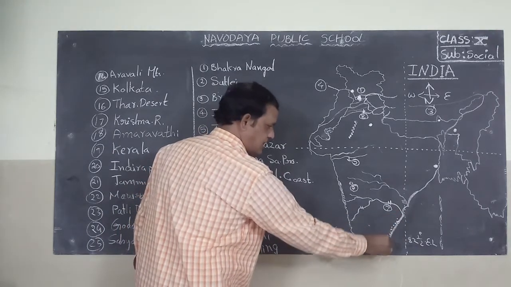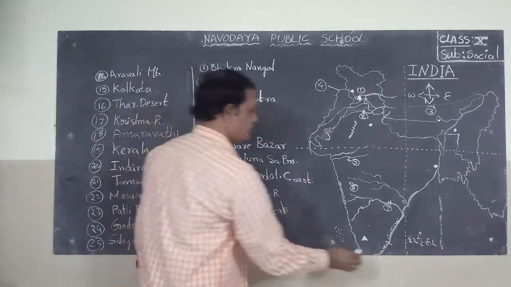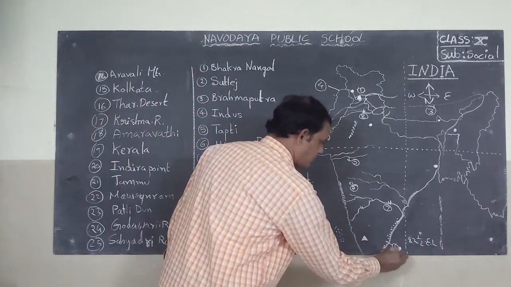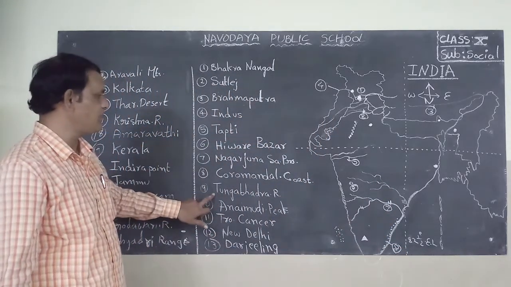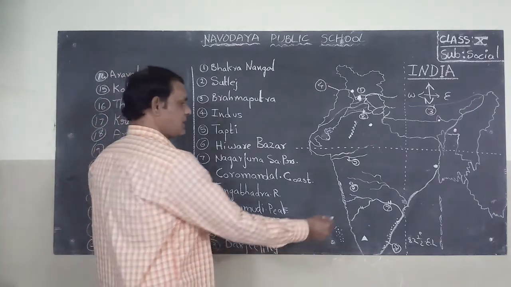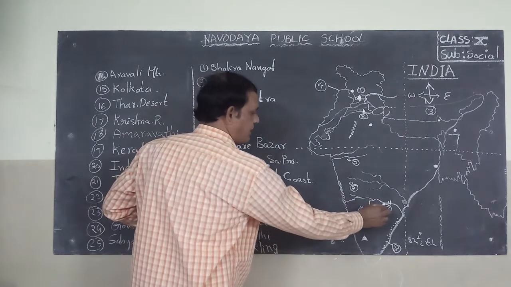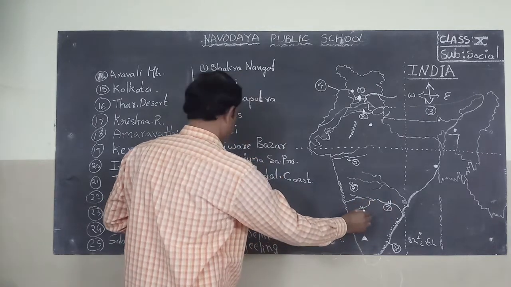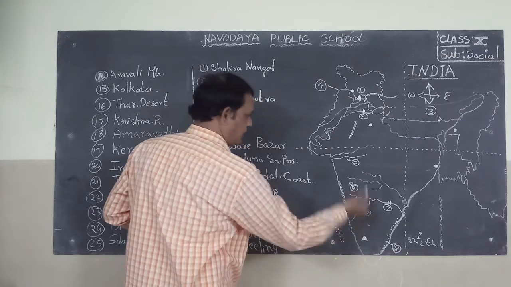This area is called the Coromandel coast. Its number in the index is 8, so write down 8. Next, Tungabhadra river. This is the Tungabhadra, a tributary of the Krishna river. Write down the Tungabhadra river number 9.